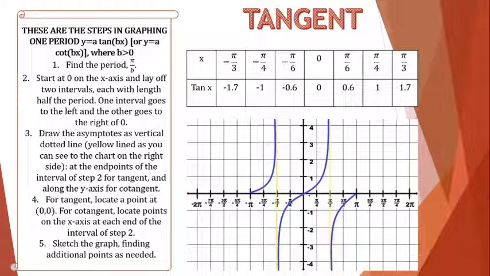So, ano po yung step 2? One interval goes to the left and one interval to the right of 0. Okay, ayan mapapansin nyo, left and right. So, for cotangent, sketch the graph finding additional points as needed.